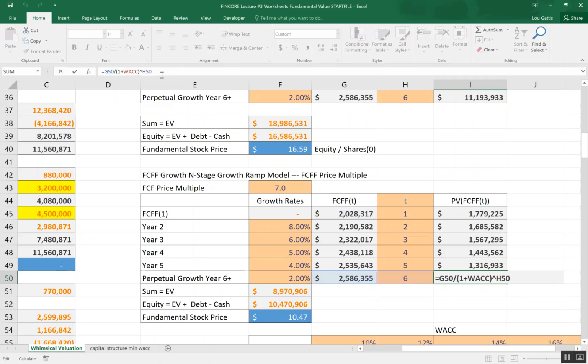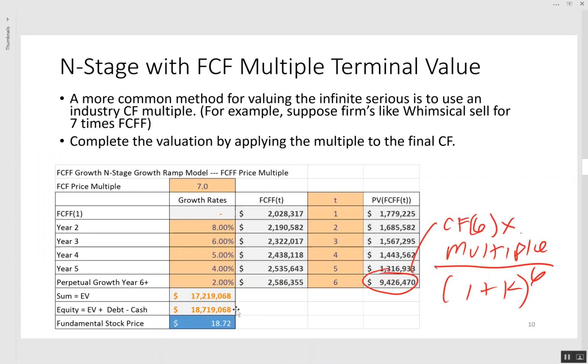And then what they do is add on top of that, at the end, it's worth 7 times free cash flows, and discount that back at WACC raised to the 6th power, 1872. Oh, actually, it looks like that's what I must have done in that last model.